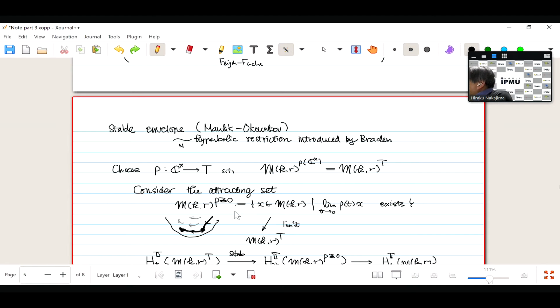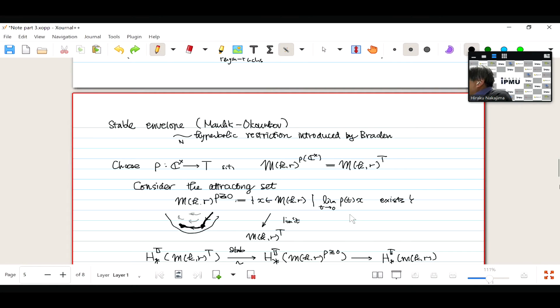Anyway, I cannot go into much detail. The attracting set is just the points in this space that have a limit under this one-parameter subgroup flow. So I drew this picture.